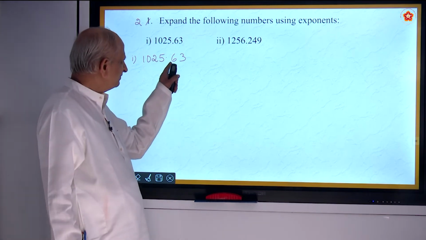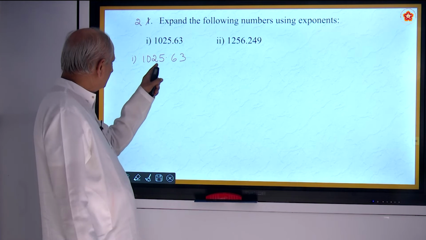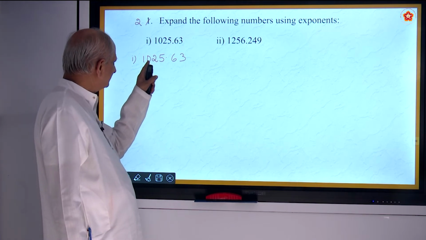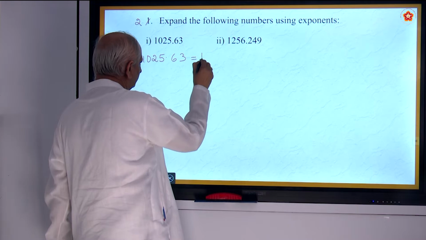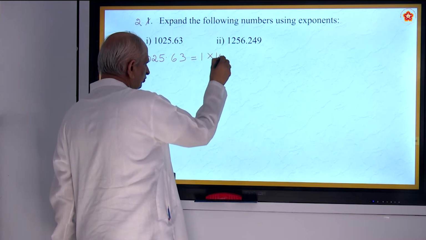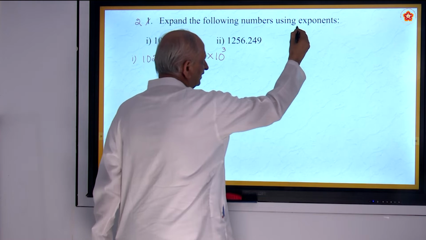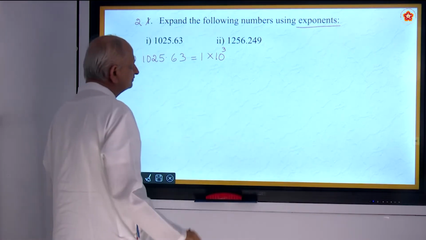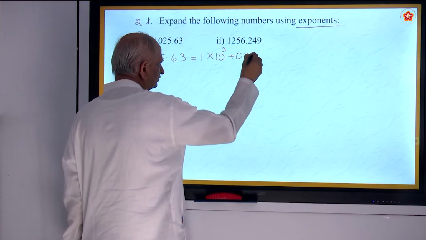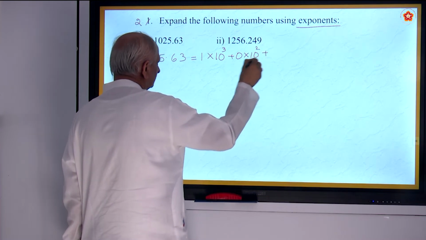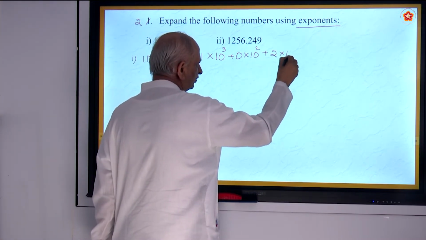It has 2 decimal places. And this is the unit place, tens place, 100 place, 1000 place. So it starts with 1000. What is 1000? 10 to the power of 3. They are telling us to write in exponents. And then 0 into 10 square. Then you have 2 into 10 to the power of 1.